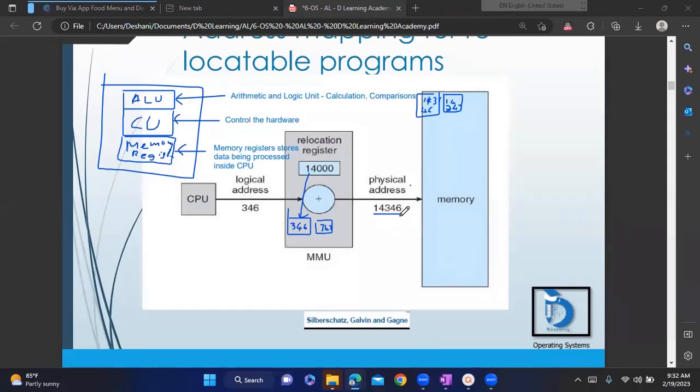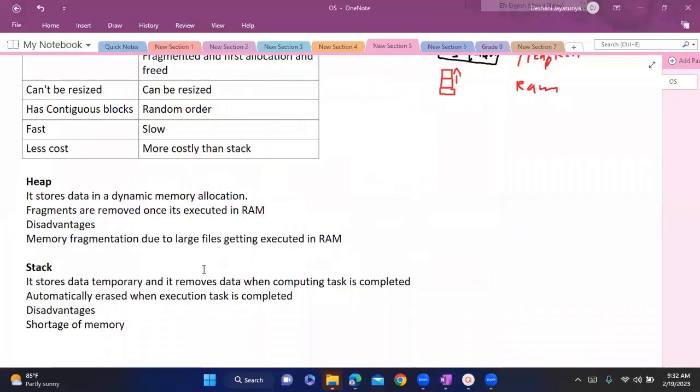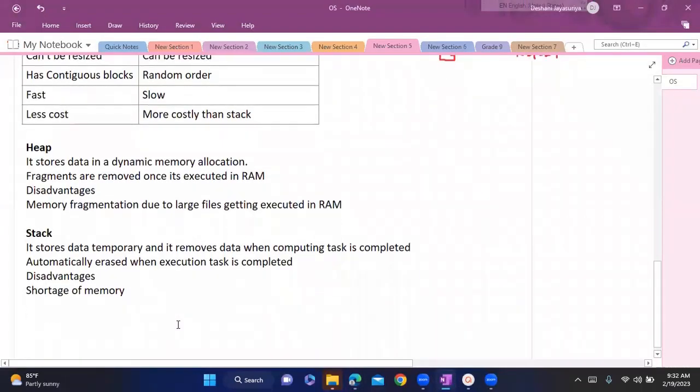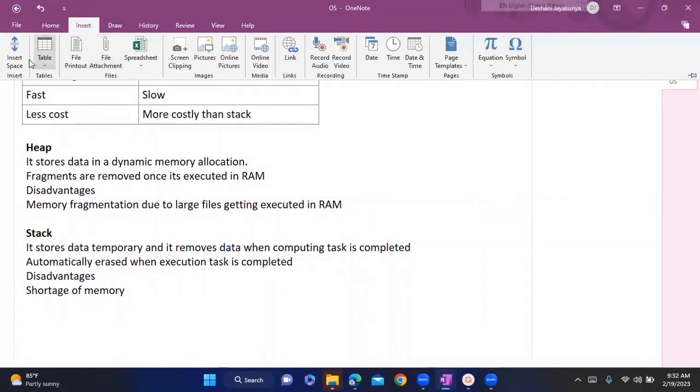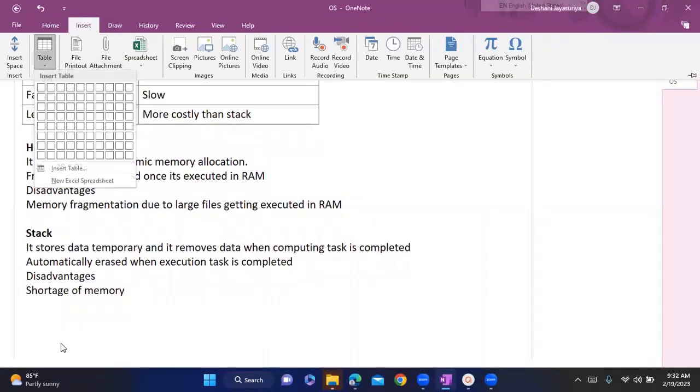Try to just identify how the logical address works and the physical address works. And so we'll just add this one part here. When it comes to logical and physical, you should know the difference between these two.